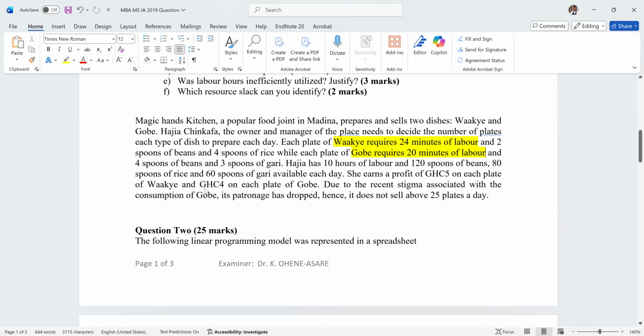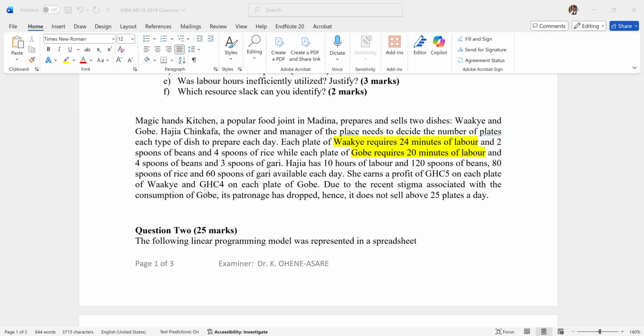Doc, please, I have a question. Yeah, go ahead. When you say mixed constraints, you've mentioned it like twice. What does it mean? It means it's not talking about any resource. It's talking about the quantity, the decision variables. You are putting a limitation on the decision variable, not because of some resources.